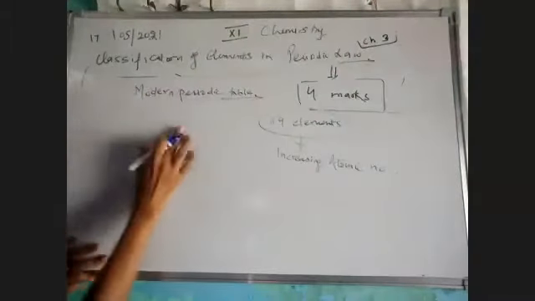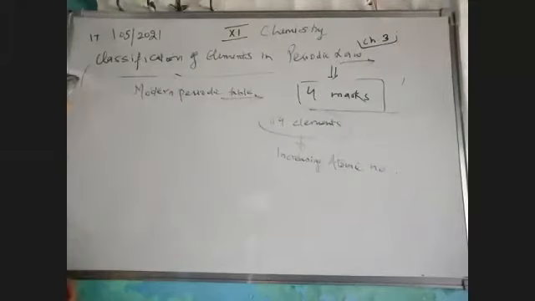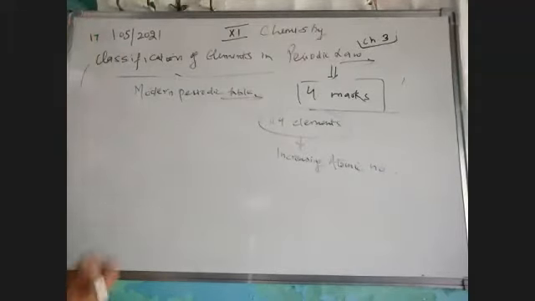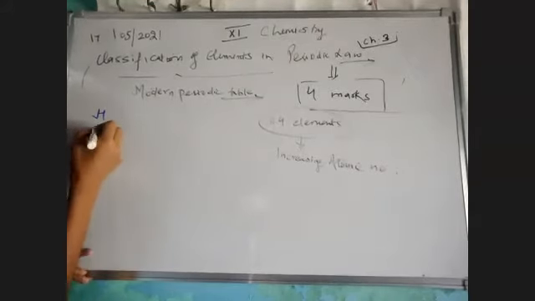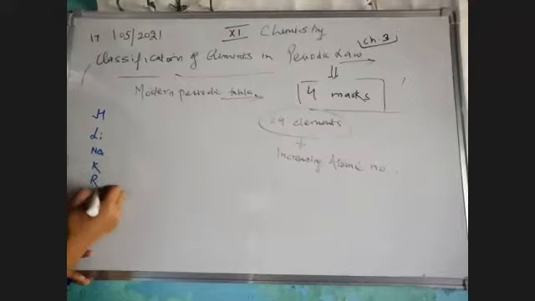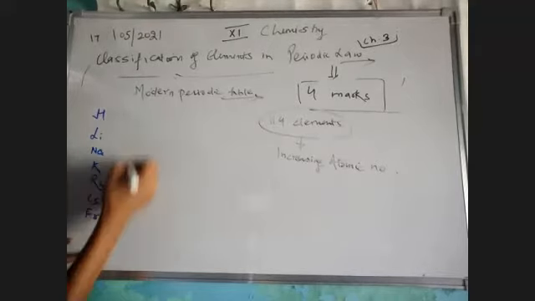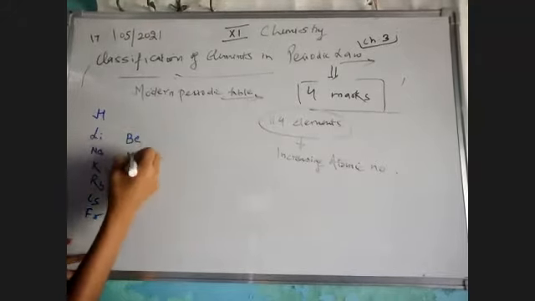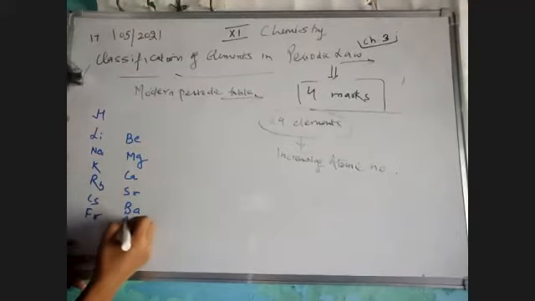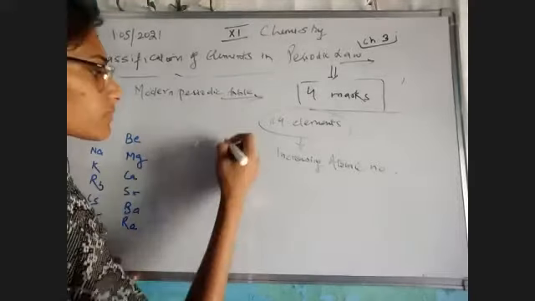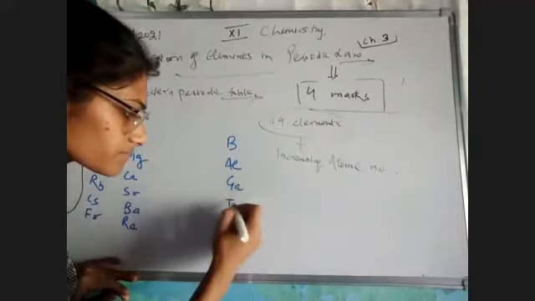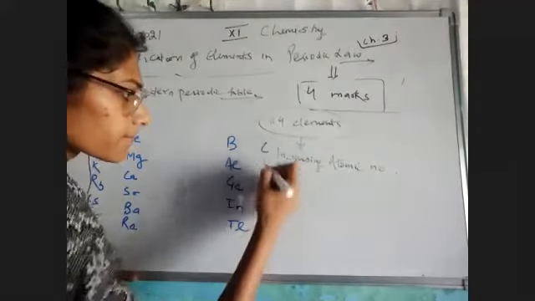So according to the modern periodic table, since we are arranging our elements in increasing atomic number, we have just put them in order of increasing atomic number.